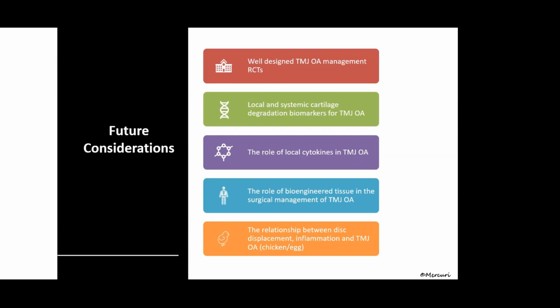What's the role of bioengineered tissue in the surgical management of TMJ osteoarthritis? I don't know that there really is much of a role for this, because the same problem is going to occur with bioengineered tissue as occurs with autogenous tissue that's used to replace joints, particularly when we're dealing with high inflammatory disease.